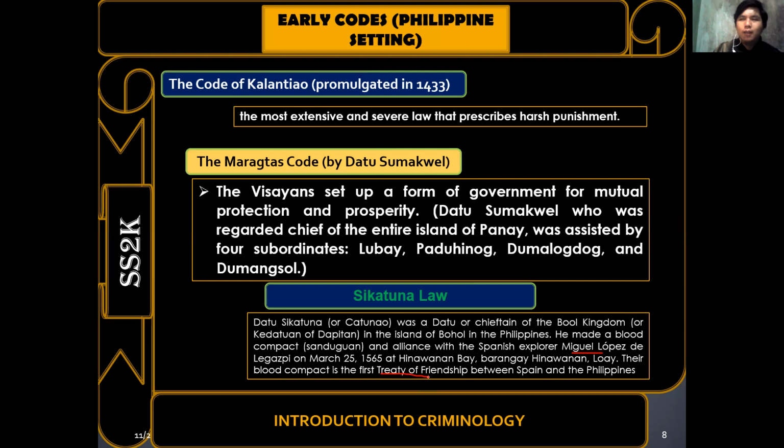At noong January 1, 1932 ay promulgate na yung pong ating revised penal code, okay, na basihan ng pag-i-impose ng penalty sa mga krimen na nakasaad sa ating revised penal code of the Philippines. Oh. So ang ating revised Penal Code of the Philippines is composed of Book 1 and Book 2. Na pag-aaralan nyo later on sa inyong Criminal Law 1 and Law 2. Yan. 1932 pa yon na ipasa.